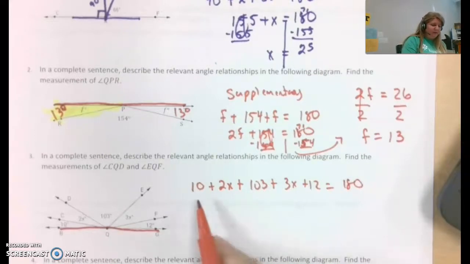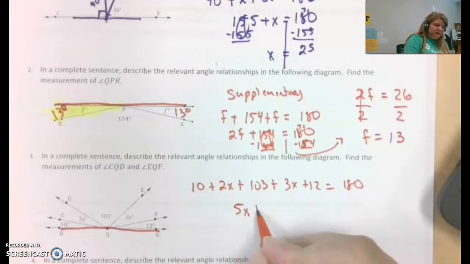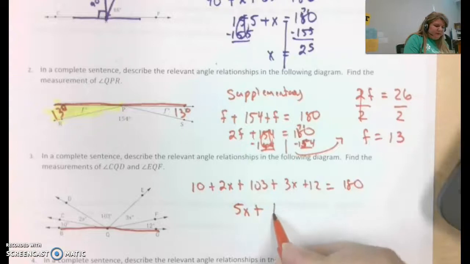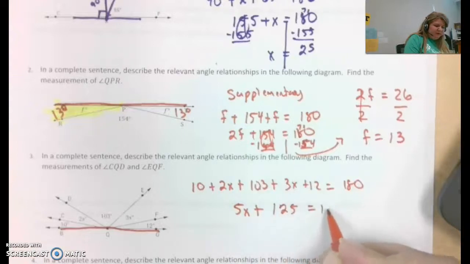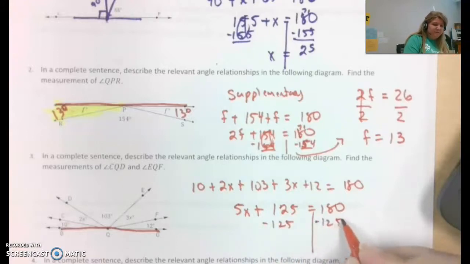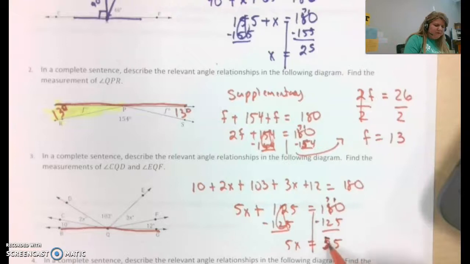So I'm going to combine like terms. 2x and 3x is 5x plus, let's see, this would be 115, so 125. And I would subtract 125 from each side. And 5x is 55.